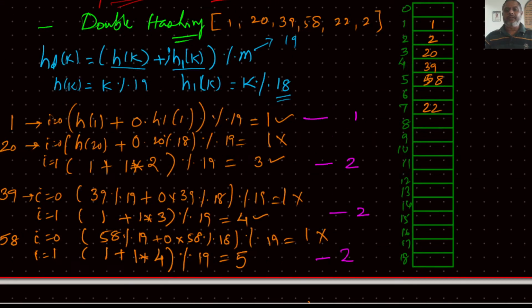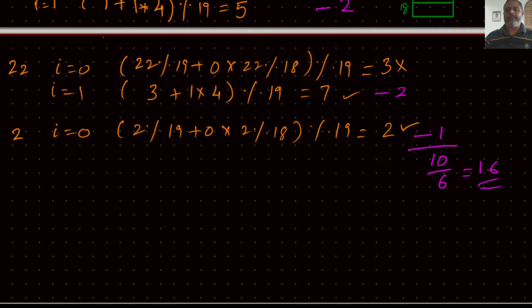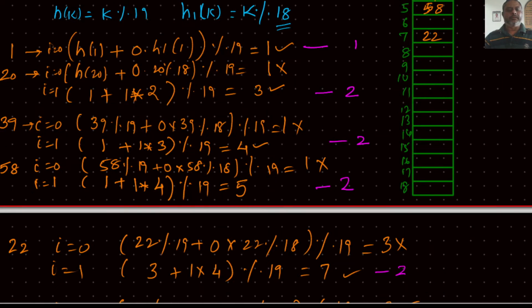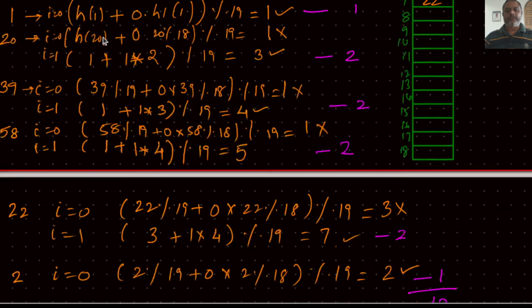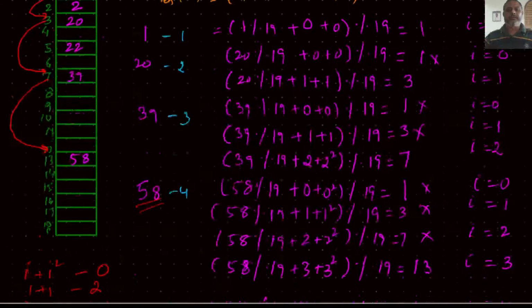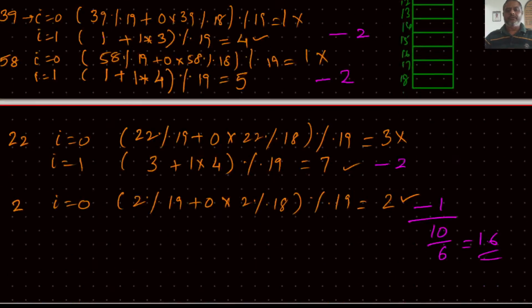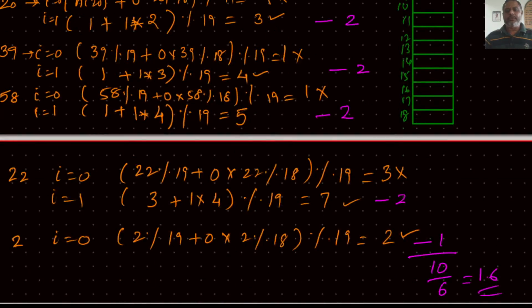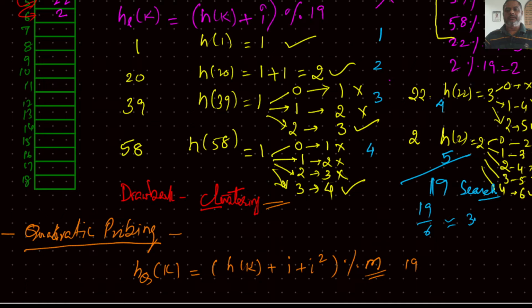So whatever it is, you can see that the clustering problem has reduced. So whether it is primary clustering or secondary clustering, the problems are at their optimum situation, because it is 2, 2, 2, 2, whereas in the previous case it was 1, 2, 3, 4, 2. In the first case, when you look at linear, then it was 2, 3, 4, 4, 5.